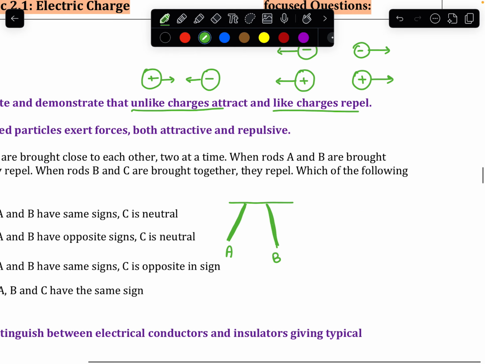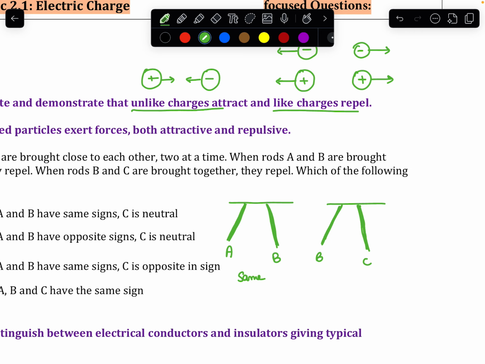When rod B and rod C are brought together, they also repel. So this means A and B have the same charge, and B and C also have the same charge.